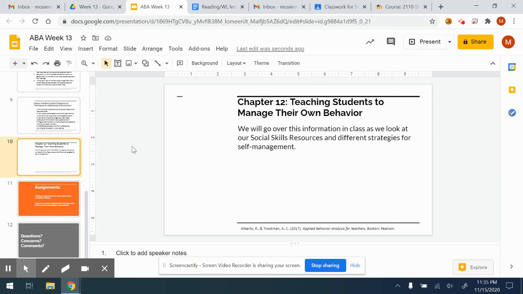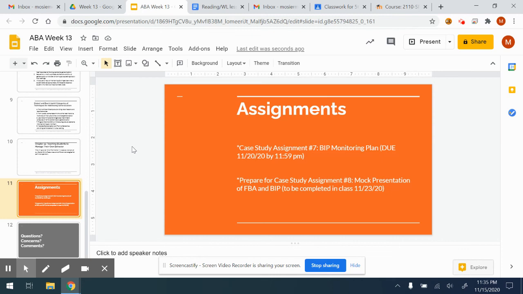When you come to class on Monday, as far as your assignments go for the week, you don't have a ton, but I also don't want this to be misleading because you do have your mock presentation of your FBA and your BIP that will be completed in class next Monday. So you need to be prepared for that.